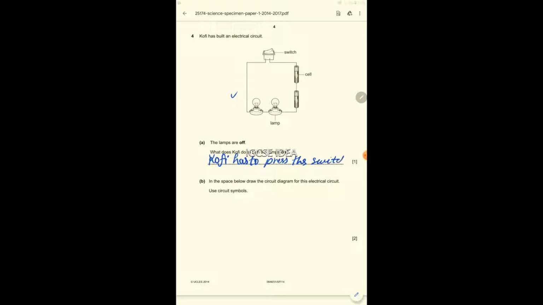In the space below, draw the circuit diagram for this electrical circuit. Use circuit symbols.